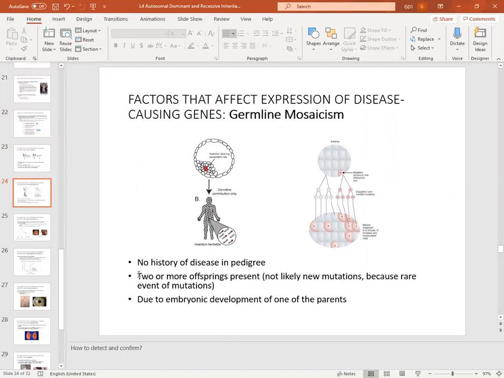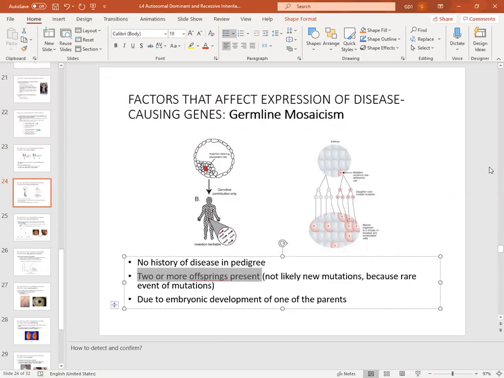In germline mosaicism, you have two or more offspring presenting the mutation, right? That is not like a new mutation, because a mutation is a rare event. It would be like this father has a mutation in one sperm, and then again makes another mutation in another sperm. That maybe does not happen.